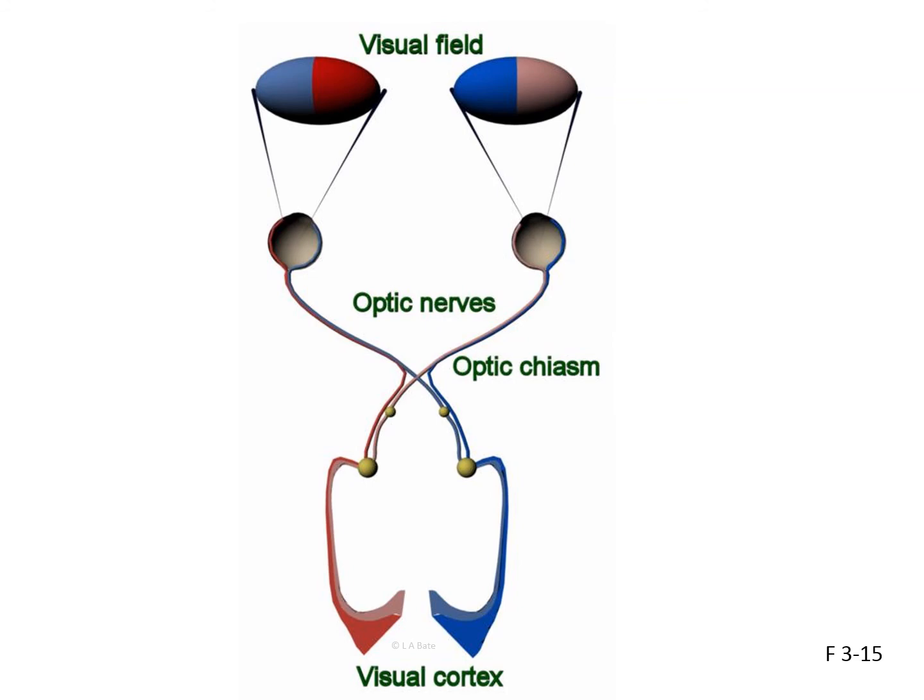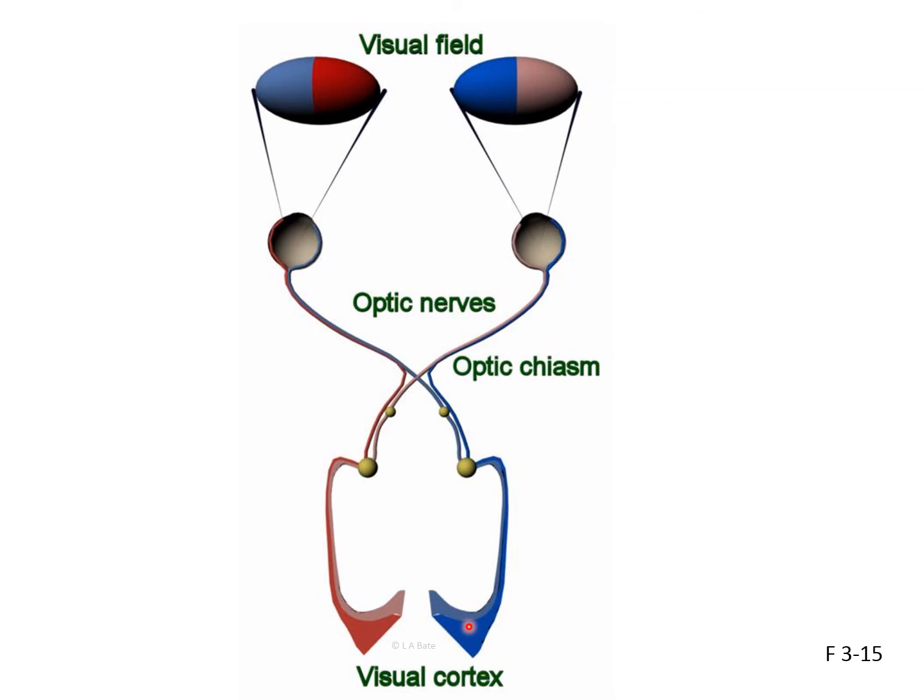The pathway followed by the information received by the temporal section of the eye travels ipsilaterally through the optic chiasm without crossing and reaching the right side of the thalamus. The thalamic neuron then sends the information through their axons to the posterior part of the brain in the right hemisphere.